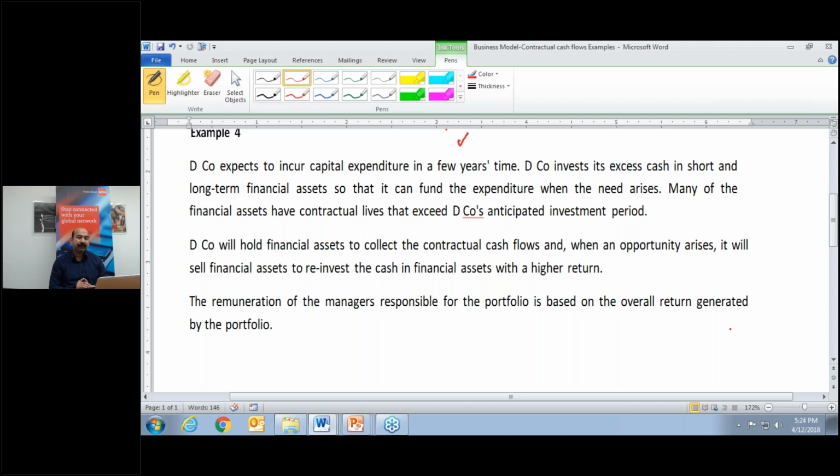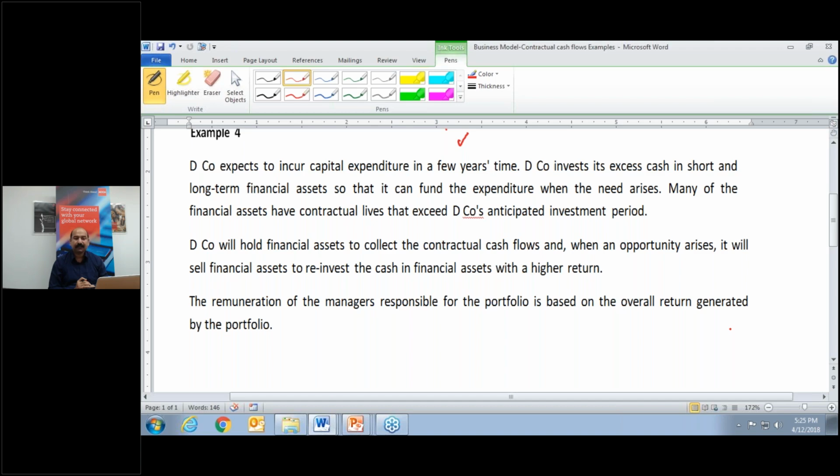Okay, make it simple. Is the business model under IFRS 9 being achieved? Listen to the small scenario carefully. E company expects to pay a cash outflow in 10 years to fund capital expenditures and invests excess cash in short-term financial assets.